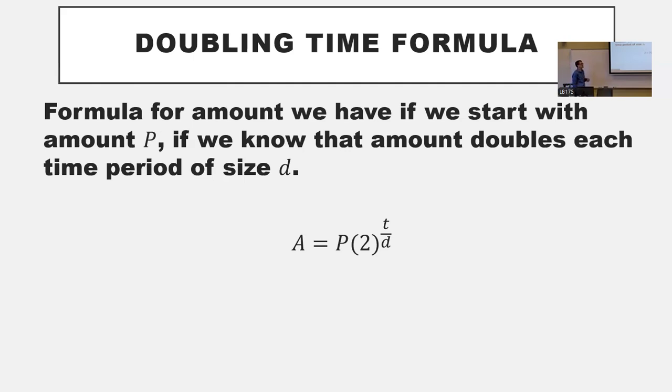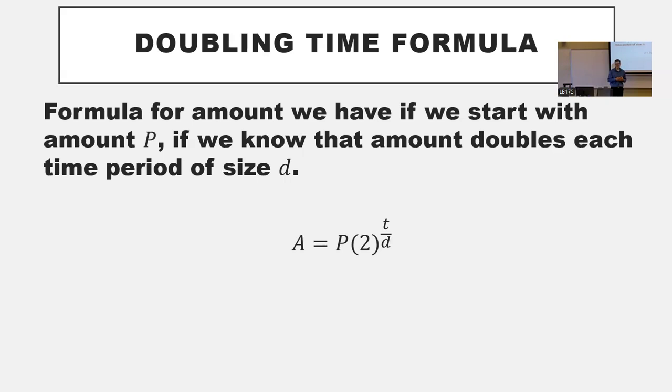And if it doubles every 4 years, then we want it to be so that when we input a time of 4, then we get a multiplication by 2. Does that make sense? Therefore, we're just going to divide by D. D is called the doubling time in our exponent.